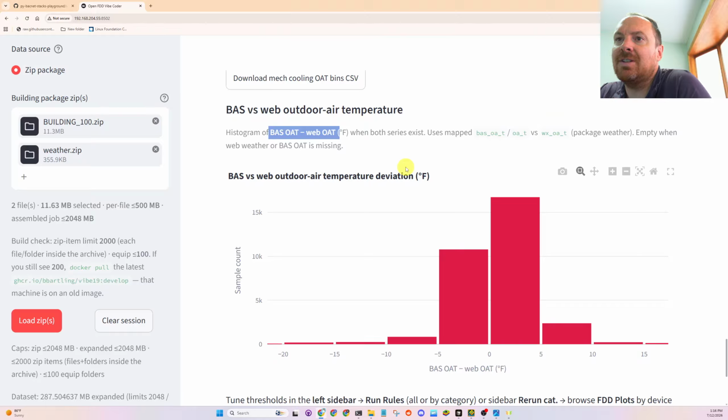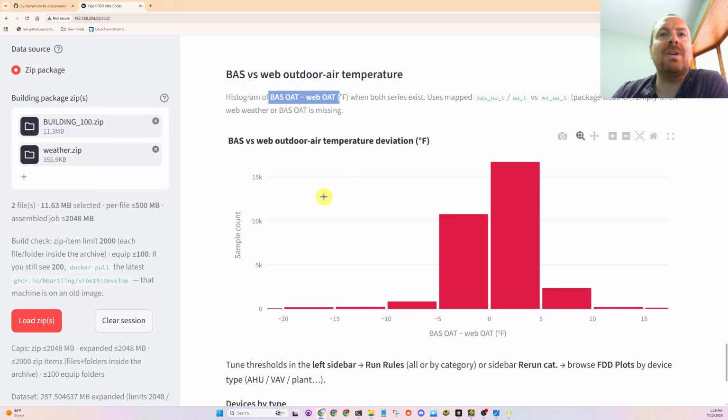So let's think about that. I think this is telling us that the building automation local weather sensor reads higher than the weather data from Open-Meteo, the local weather station data. Just keep that in mind.